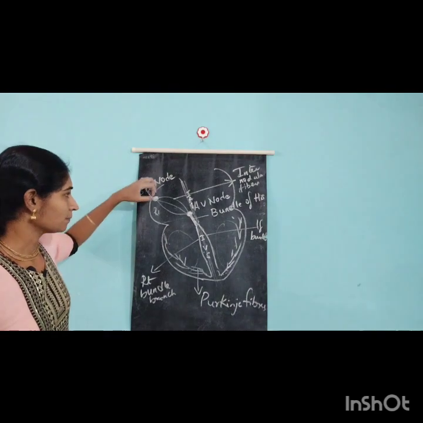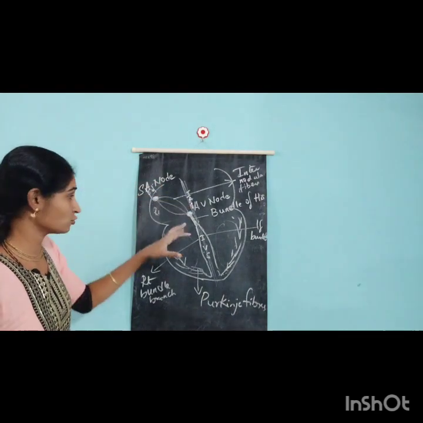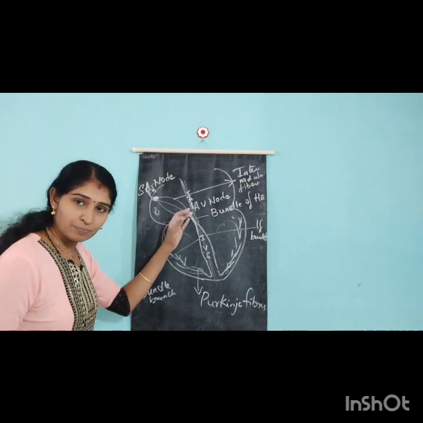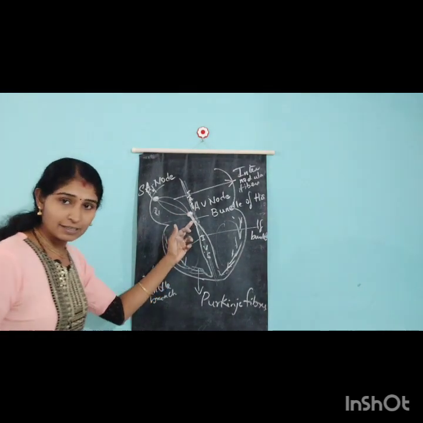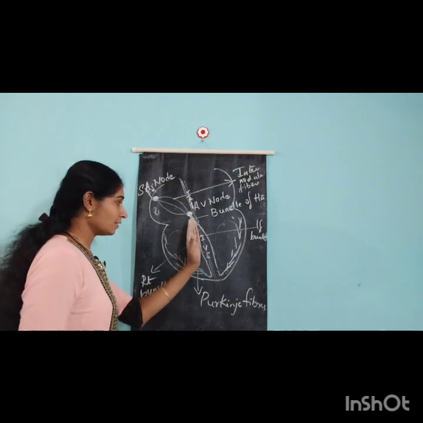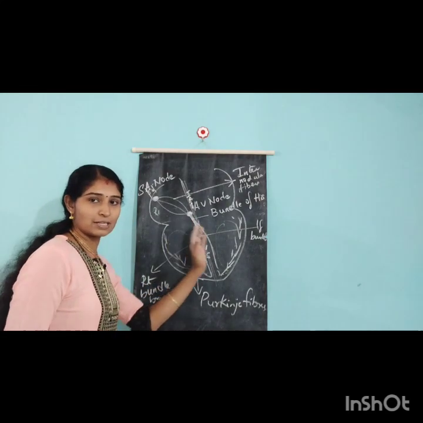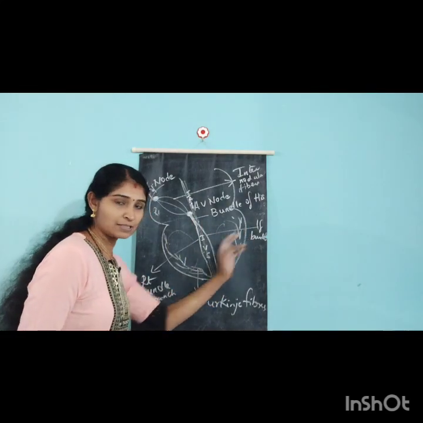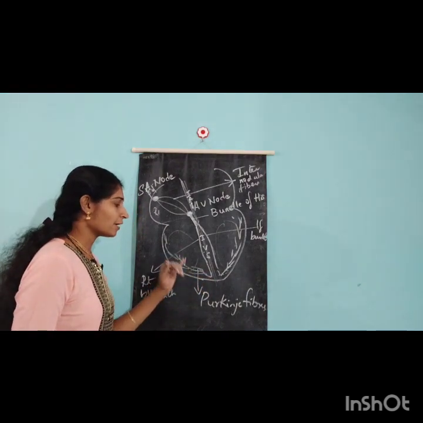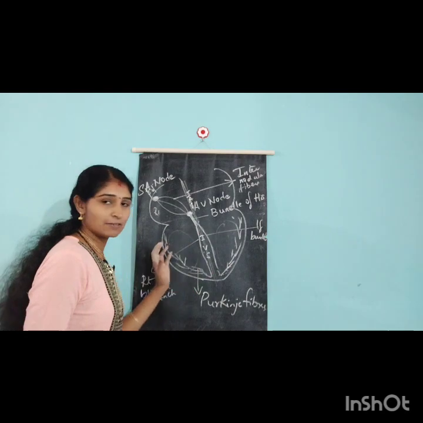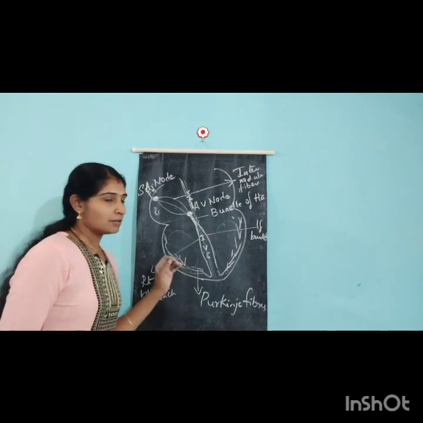The impulses pass to the AV node. From there the electrical impulses move into the bundle of His, and on the right side it moves into the right bundle branch, on the left side into the left bundle branch, and then again the impulses pass on to the Purkinje fibers. From Purkinje fibers the impulses are given to the ventricles.